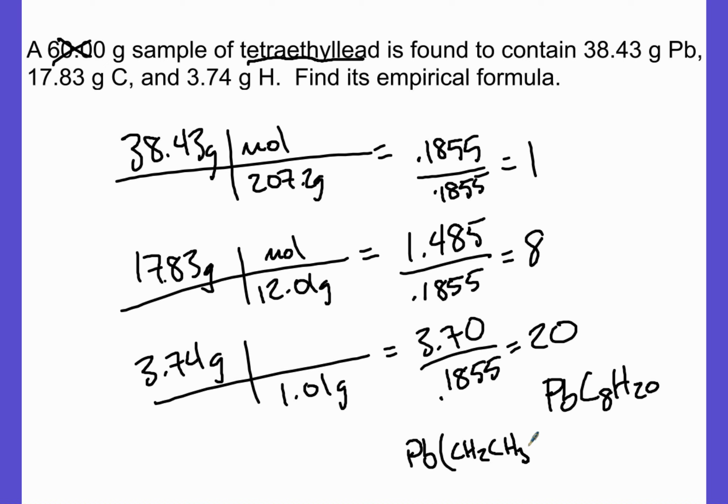Again, biochem, we do different stuff than you guys. But you guys should be able to follow that from what you know. This is my tetra, this is my ethyl, and obviously lead's pretty straightforward. But this is a real compound, definitely my correct formula, so I did that right.